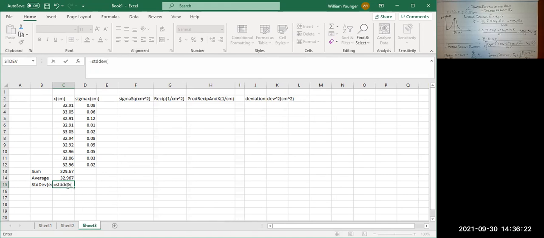And I'll say, I'm going to do the standard deviation of C3 to C12. And that's supposed to be my standard deviation. And did I actually write equals?